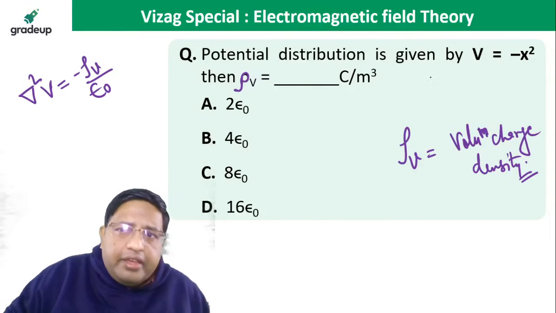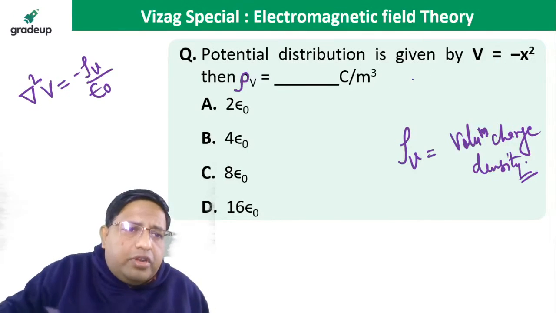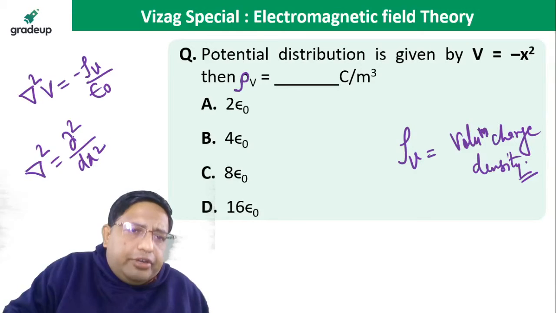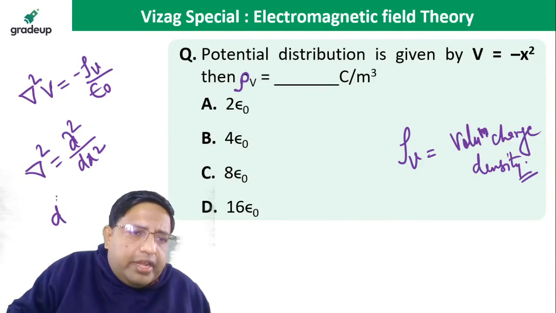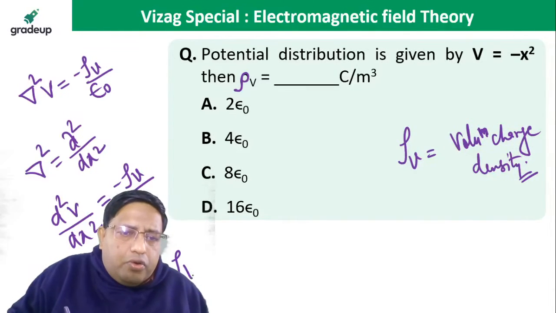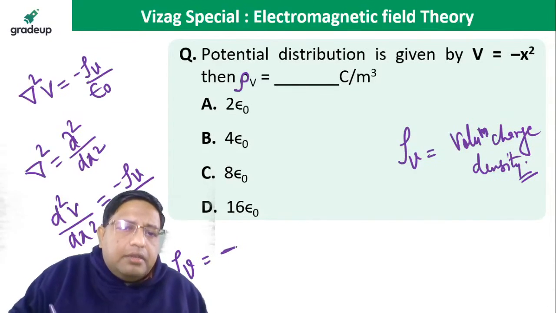Since v is a function of x only, del square can be written as d2 by dx square. So d2v upon dx square is equal to minus rho v upon epsilon naught. So rho v is minus epsilon naught into d2v by dx square.